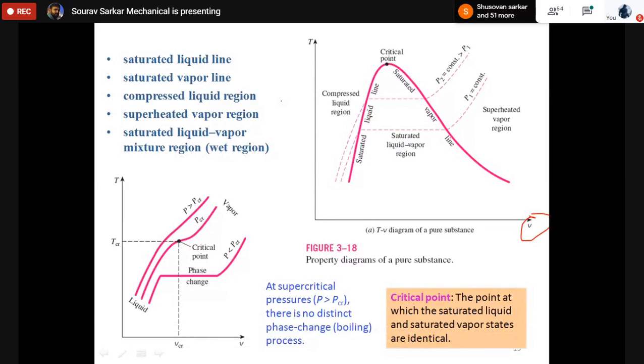So if I know the temperature and the specific volume, suppose someone called me and said, sir, I have one liquid-vapor mixture and the mixture temperature is, suppose, 200 degrees and the pressure is 20 bar. Sir, can you tell me whether this is in liquid state, vapor state, or maybe a mixture? Simply, I will take out this diagram.